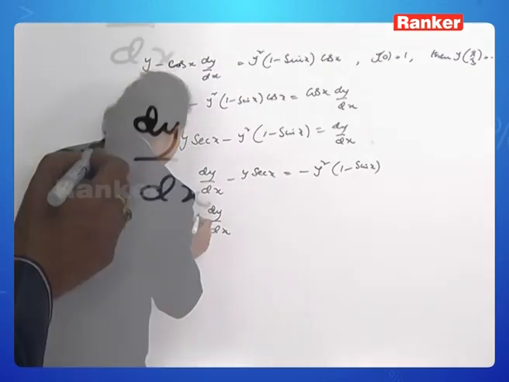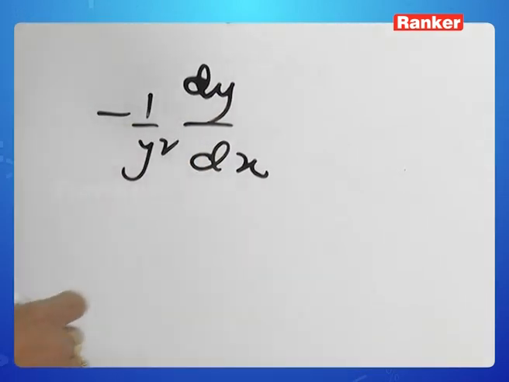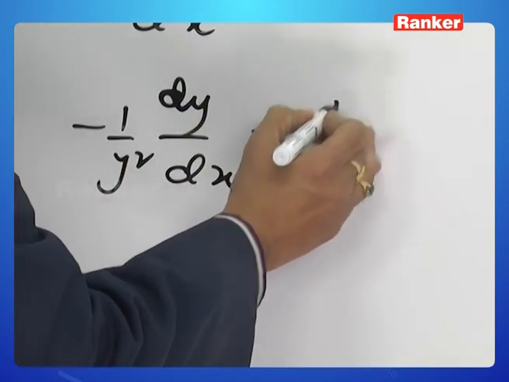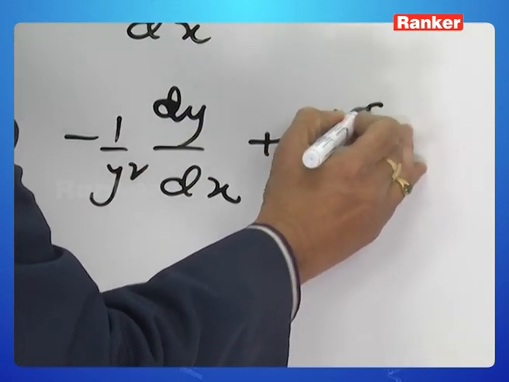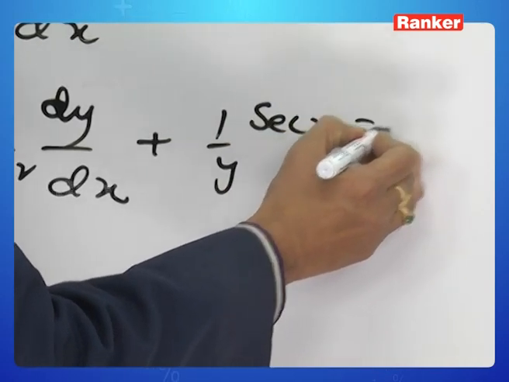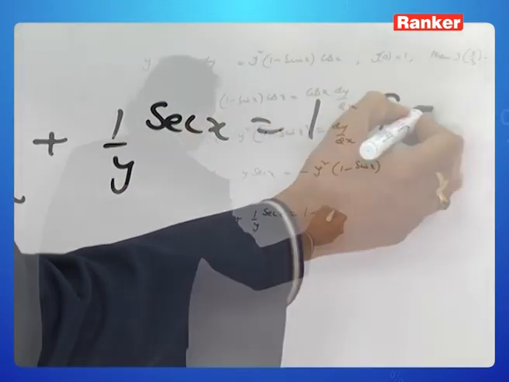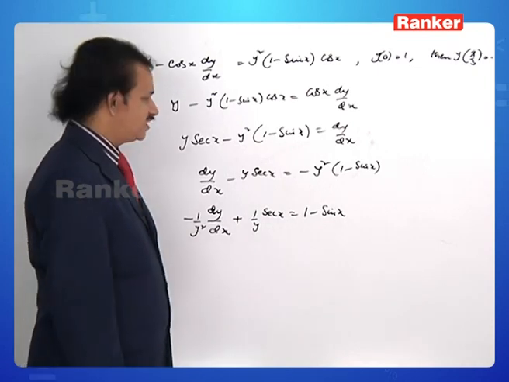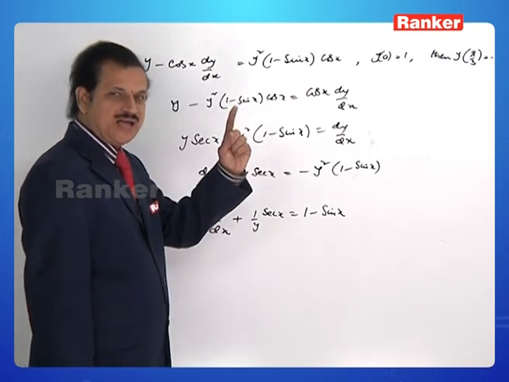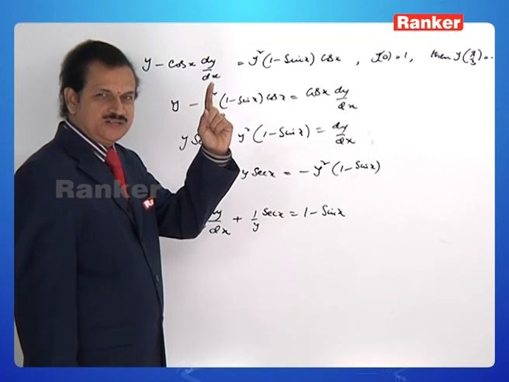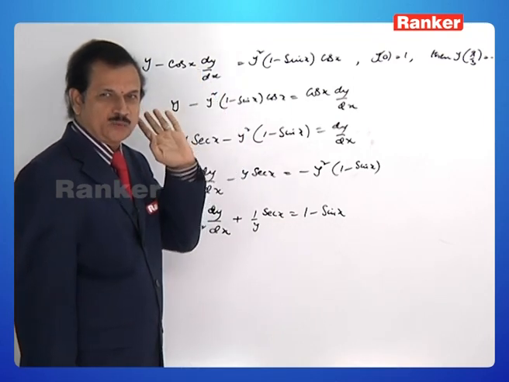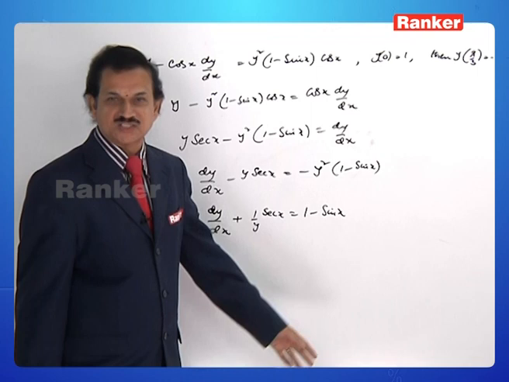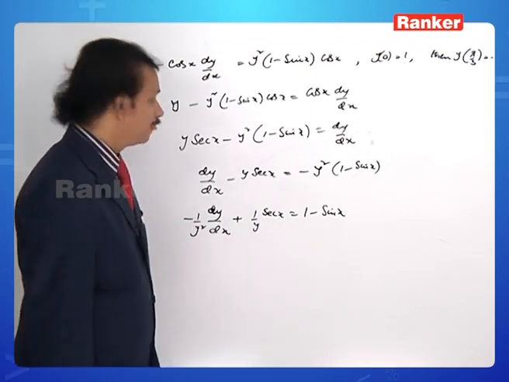So this is minus 1 by y square dy by dx plus 1 by y into secant x is equal to 1 minus sin x. You can observe every step is according to the plan of action which has been designed in the case of Bernoulli's equation, which we could have just explained for ourselves, isn't it?